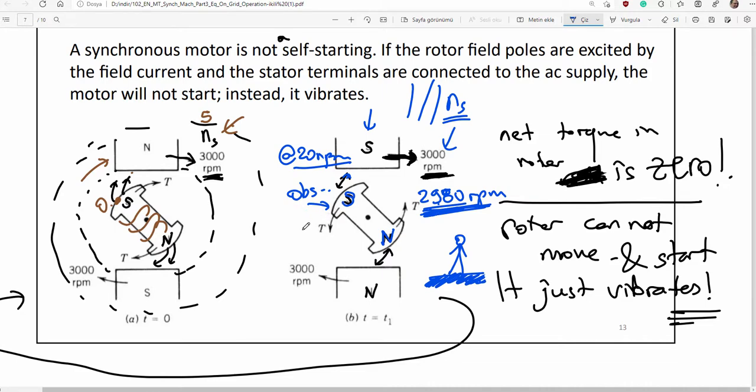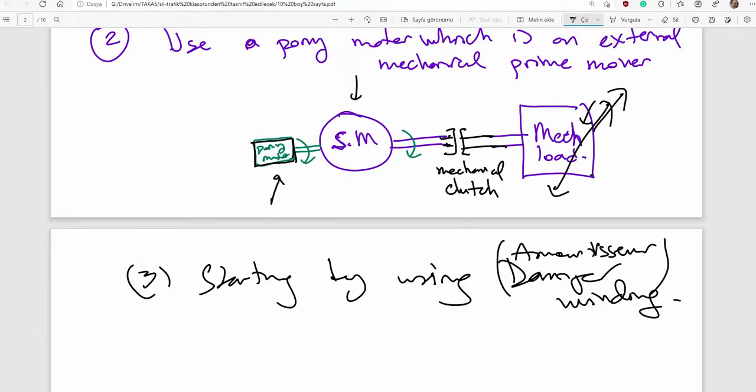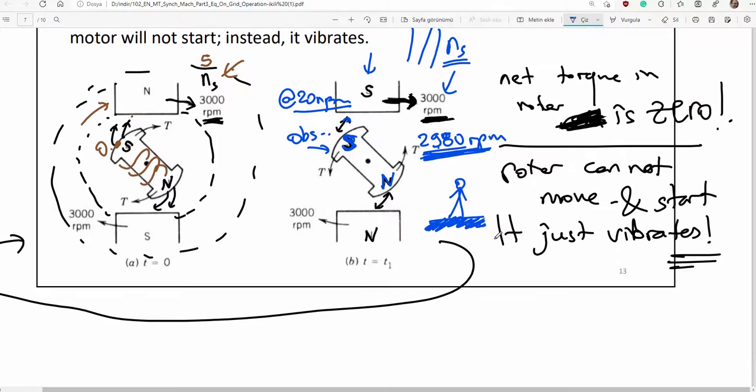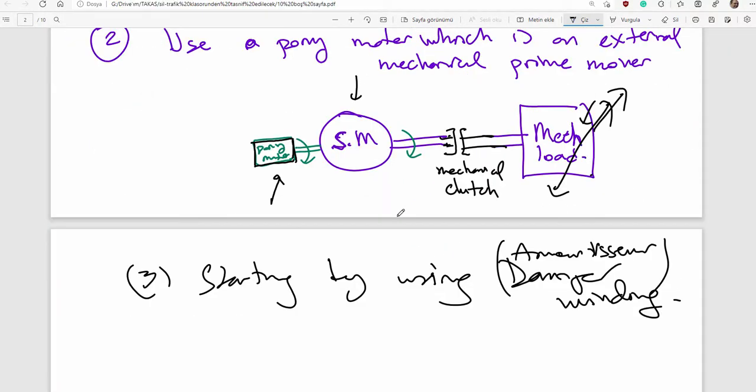So there is a very slow change in rotation with respect to the observer, with respect to the rotor. When you apply DC to the rotor, those two systems will be locked, synchronized to each other. After that, the machine will operate as a synchronous motor.